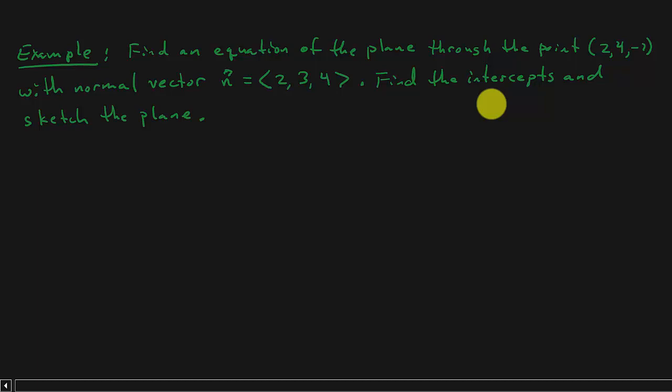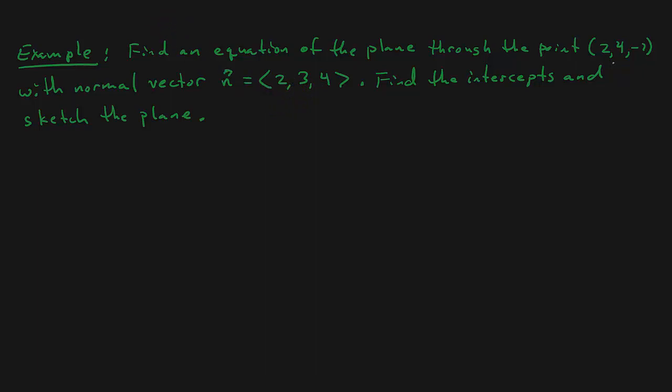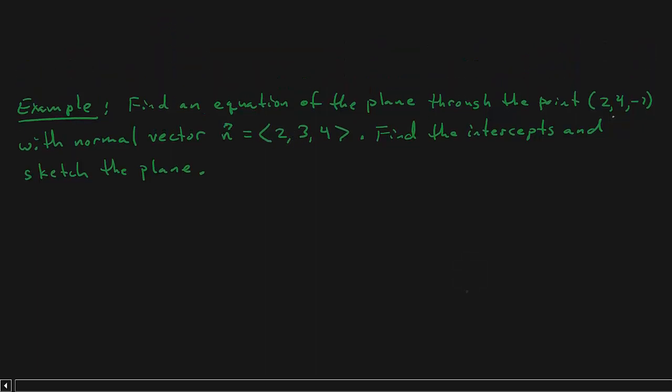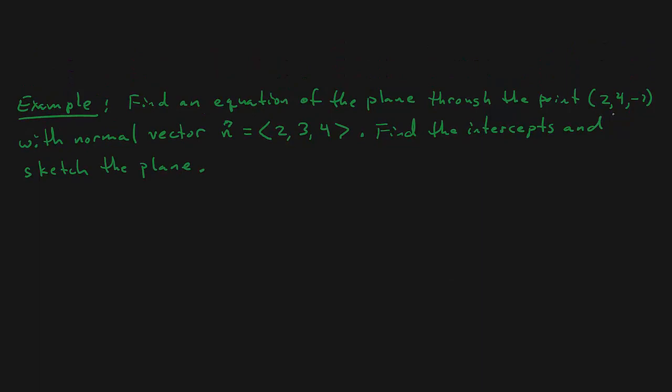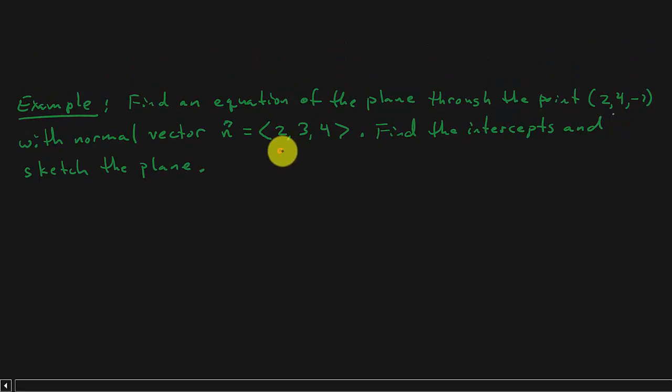We need a point on the plane, which they gave us, and we need the normal vector. They gave us that also. So they give us everything we need for this one. Here is your A, B, C, and here's x0, y0, z0. So you've got everything.